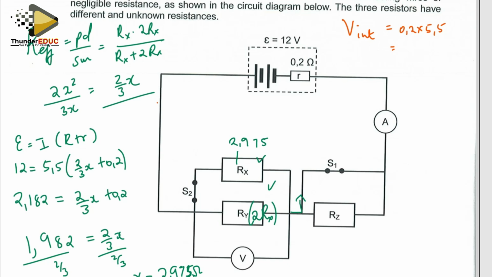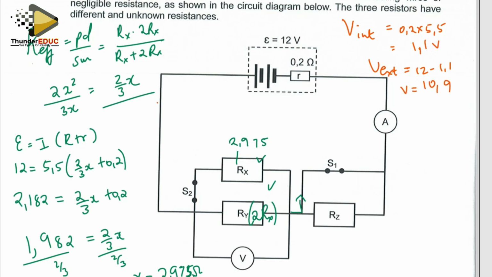That is 1,1. Then external is 12 minus 1,1, which gives me 10,9. That is the voltage across.